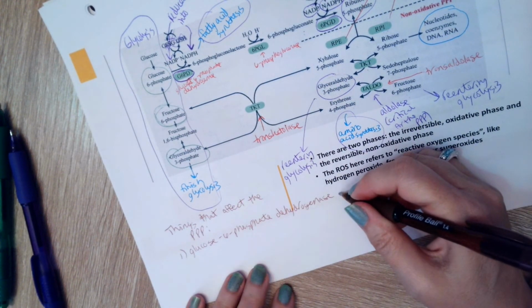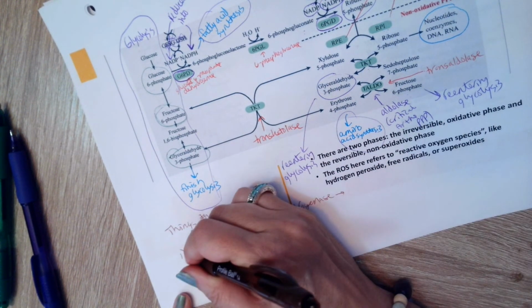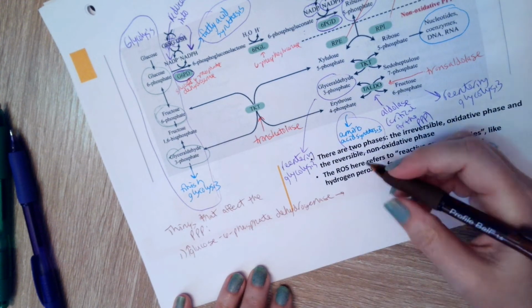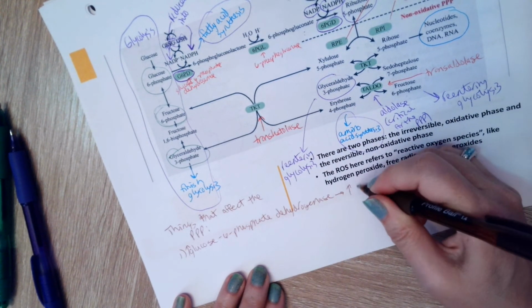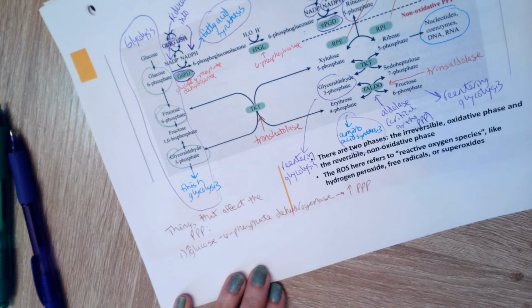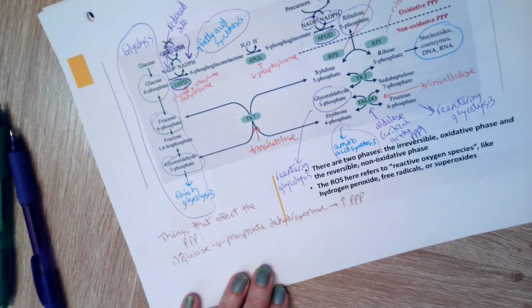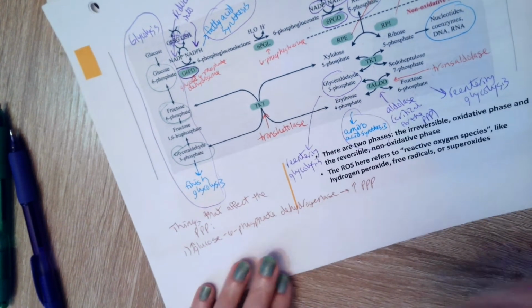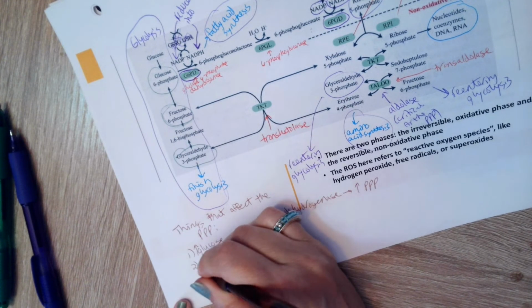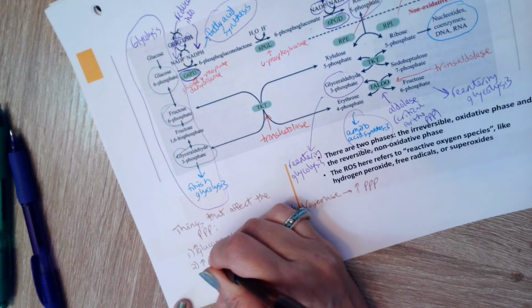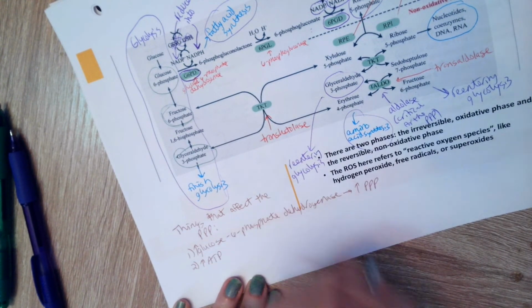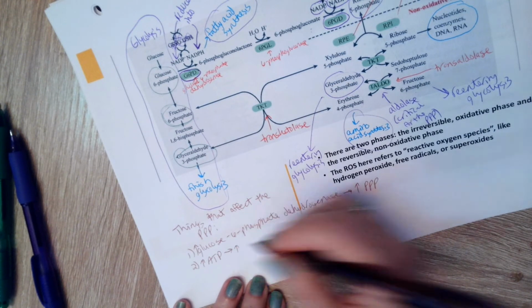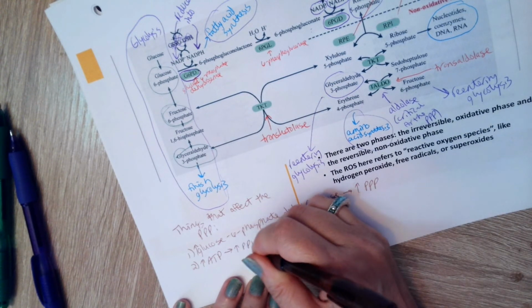The more of this you have, so I'll say let's increase the glucose 6-phosphate dehydrogenase. That leads to increasing the pentose phosphate pathway. Having a lot of ATP, that will also increase the pentose phosphate pathway.